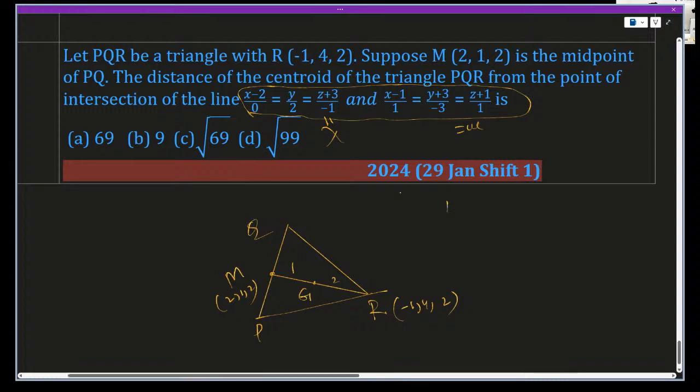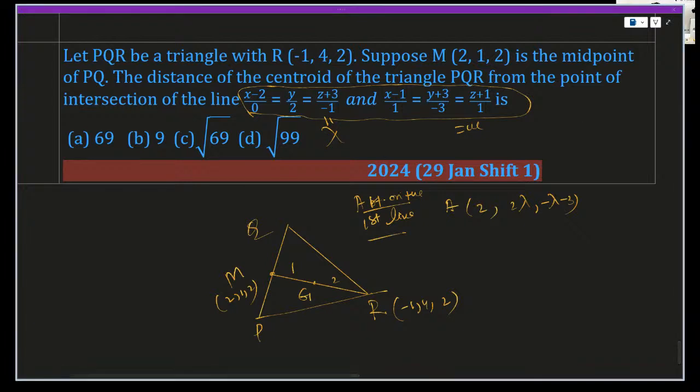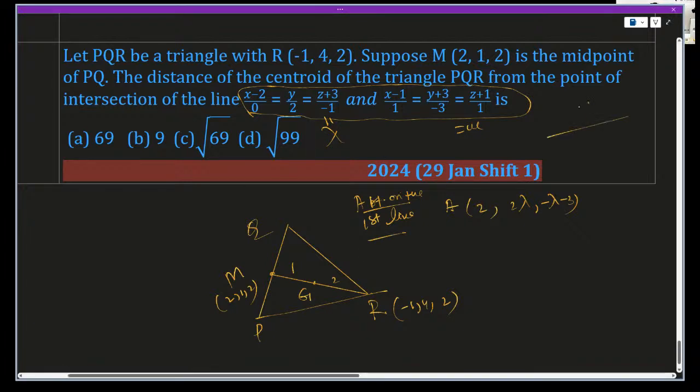A point on L1 be A, a point on the first line. Whenever you are going to find the point of intersection of two lines in 3D, same concept.